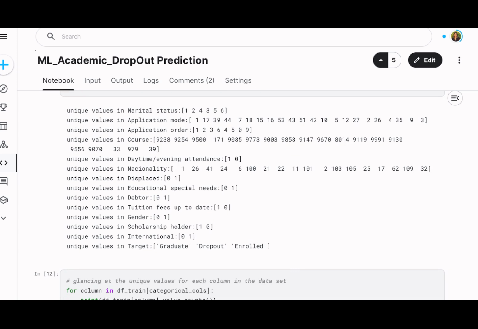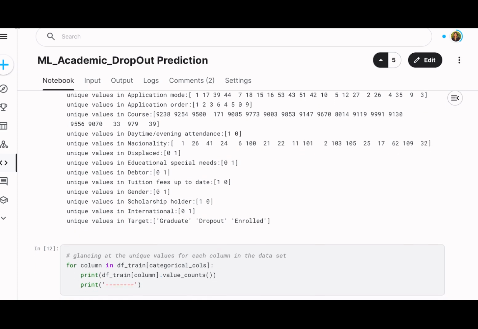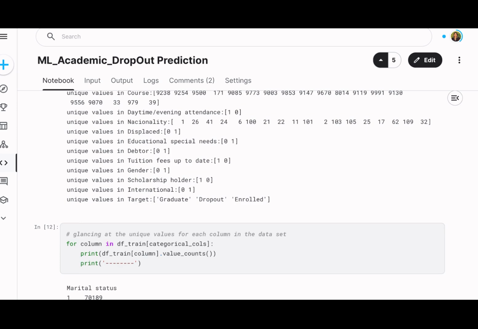For marital status, we have 1, 2, 4, 3, 5, 6, and we don't know what exactly these values are because, for data privacy, we have not been shared what exactly 1 means, 2 means, 4 means.